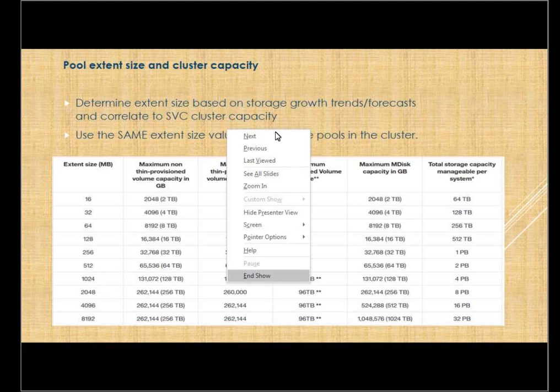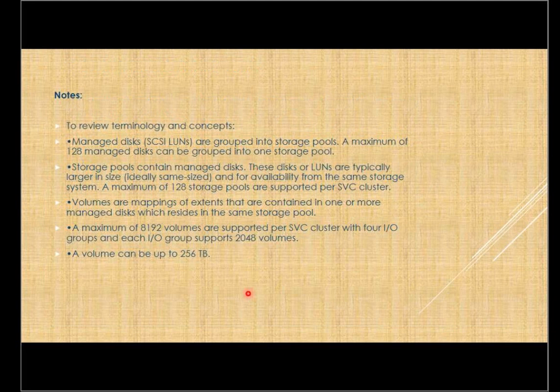So let's go to the next slide now. Now this is the final review of whatever we discussed. It says managed disks or SCSI LUNs are grouped into storage pools. A maximum of 128 managed disks can be grouped together into one storage pool.